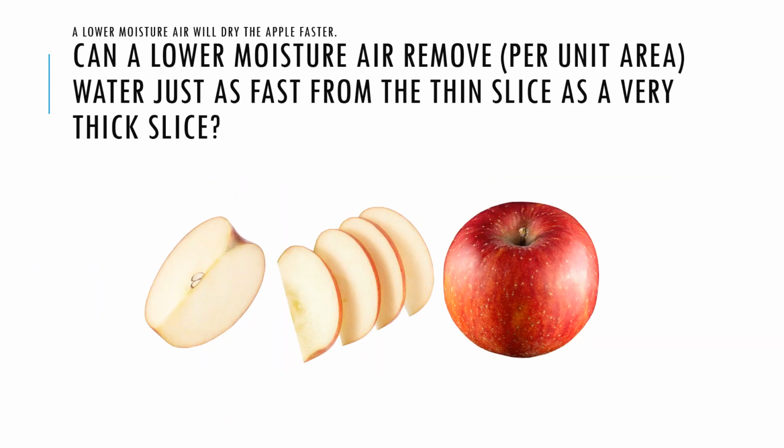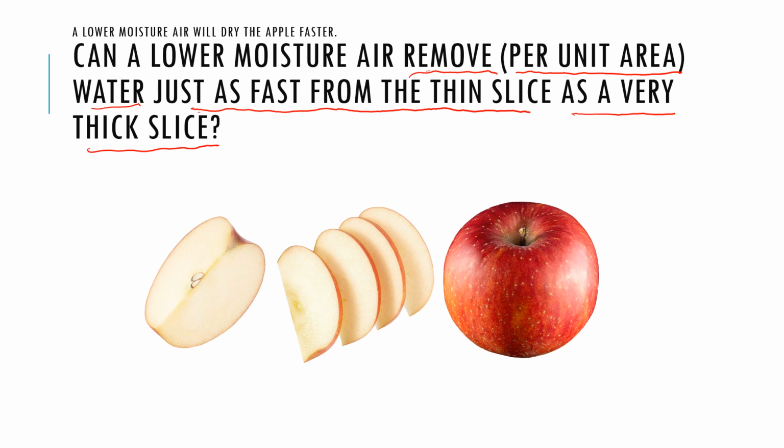Before we get started, how about a little thinking? Just to jog our memory, just to get into thinking in terms of transport processes. So here is a question. Can lower moisture air, meaning dry air, remove water, and by remove I mean per unit area, just as fast from a thin slice as from a very thick slice?